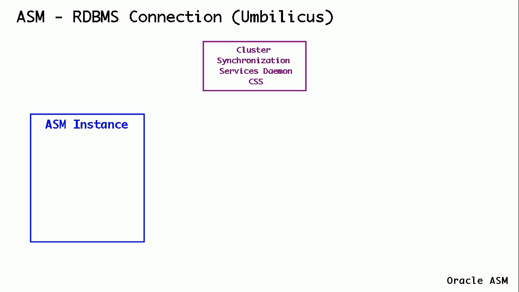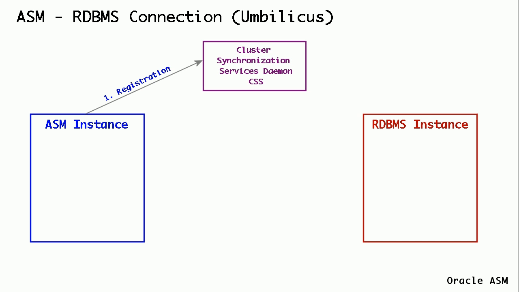First, let us understand how Oracle Database Instance establishes connection to Oracle ASM Instance, and discuss the importance of umbilicus. During Oracle ASM startup, ASM Instance registers itself with cluster synchronization services.